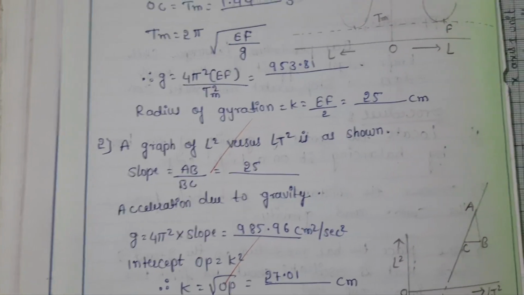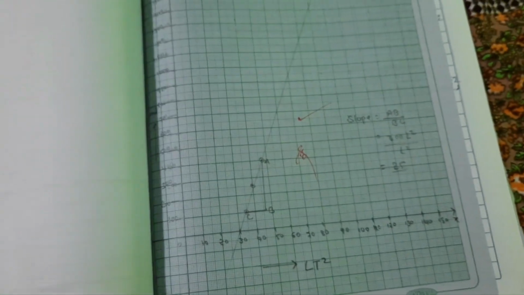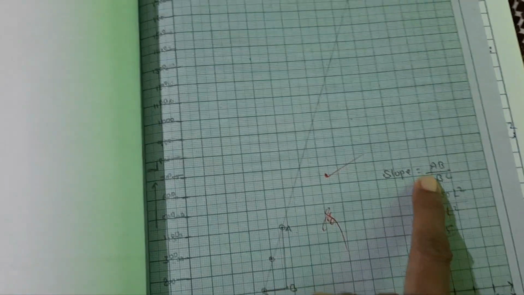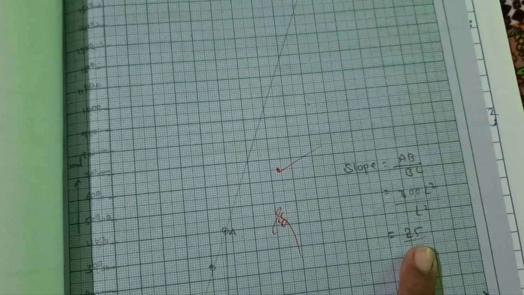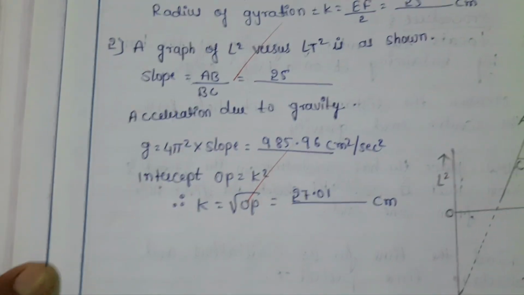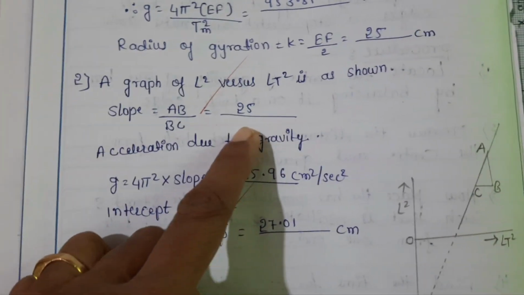So here is the graph. First you plot this graph, then you can calculate the slope. Slope is equal to, here they got about 25 centimeter. From the slope, this value you have to note down.